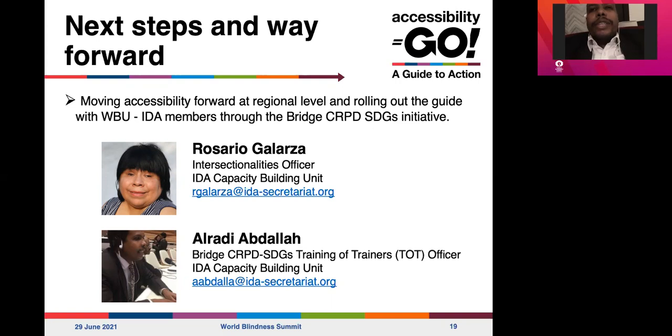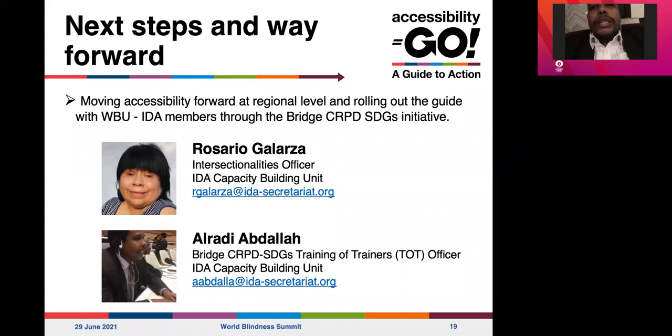And now we have this tool, which is great guidance to help the further development of those alumni. So this will be one of the tools to use in the TOT process to equip bridge alumni with some knowledge in accessibility.